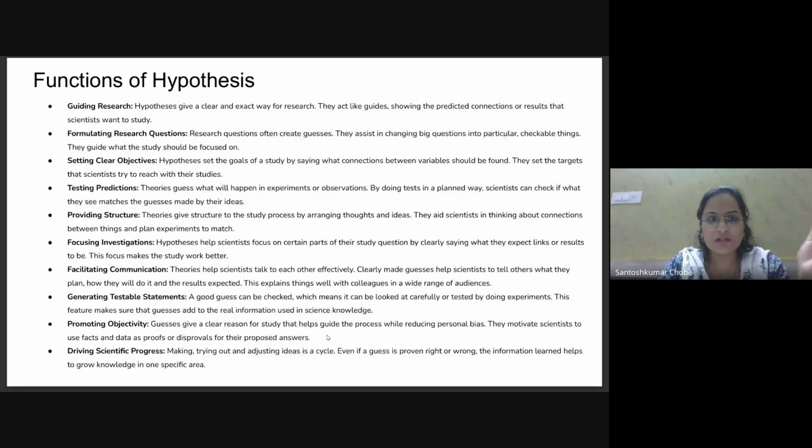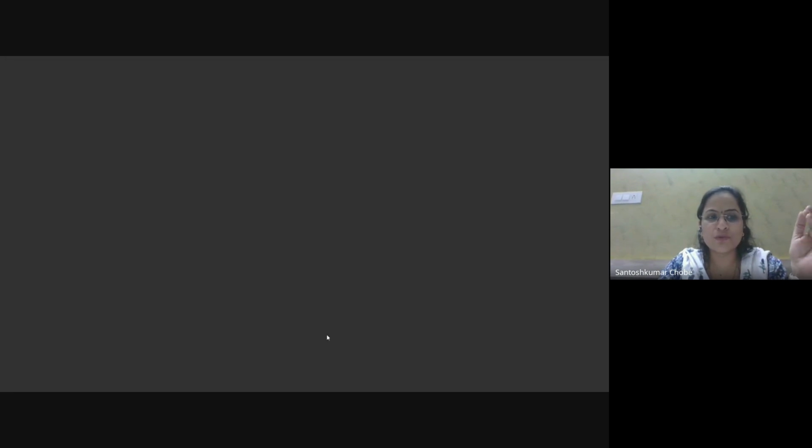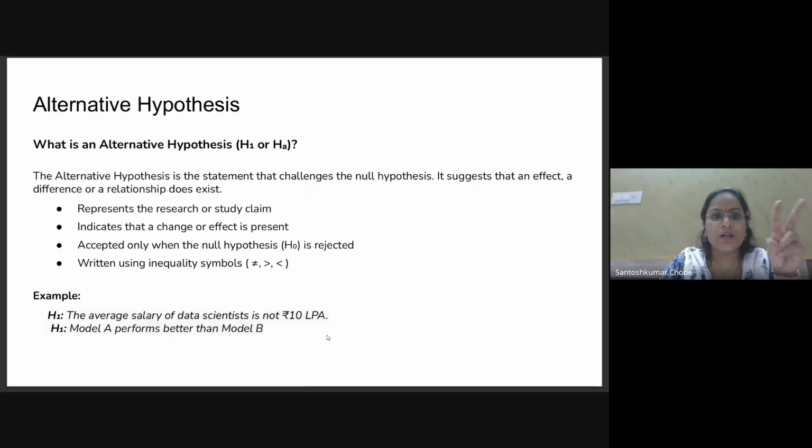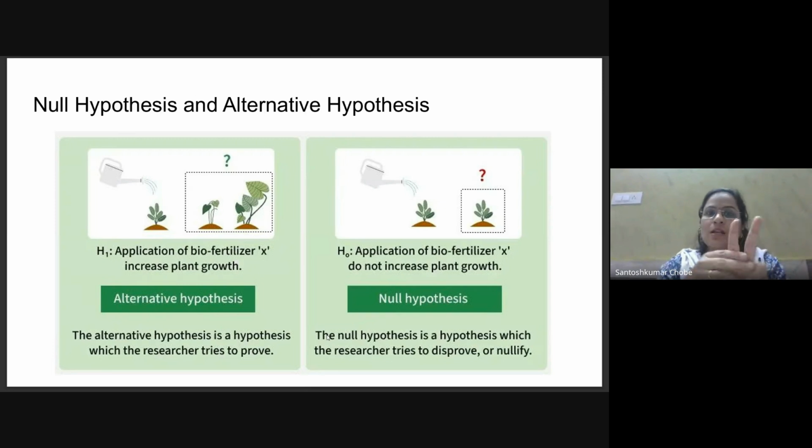Then we will go to the types of hypothesis. There are two types of hypothesis. The first type is the null hypothesis, and the second type is the alternative hypothesis. The null hypothesis is shown as H0, and the alternate hypothesis is shown as H1 or HA.